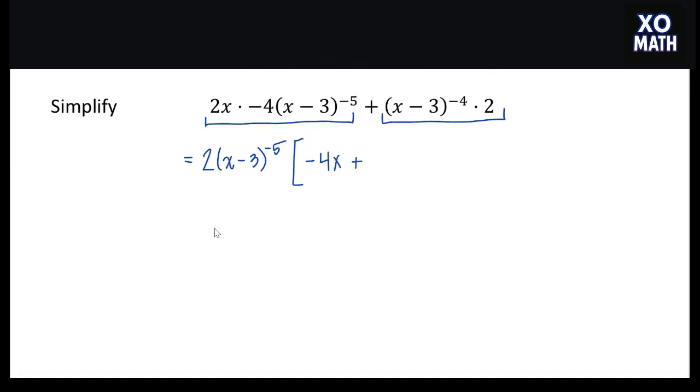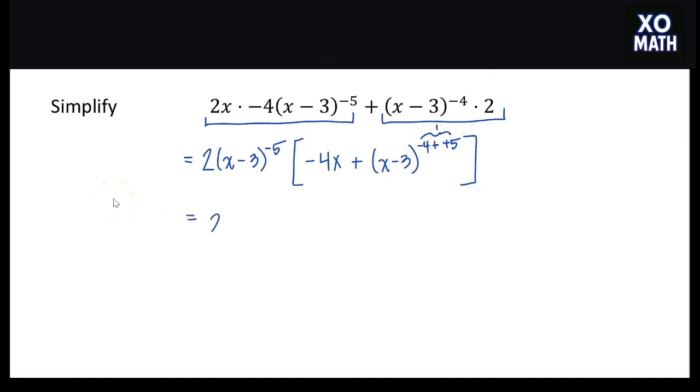So to figure out how many are left, I have x minus 3 to the -4, and I took out, which means I subtracted -5 out. So I had -4 and I took out minus -5. Well, minus becomes addition, right? Minus a negative becomes addition. So this is really just to the first power, which means that I don't even need parentheses around this x minus 3 if it's to the first power.